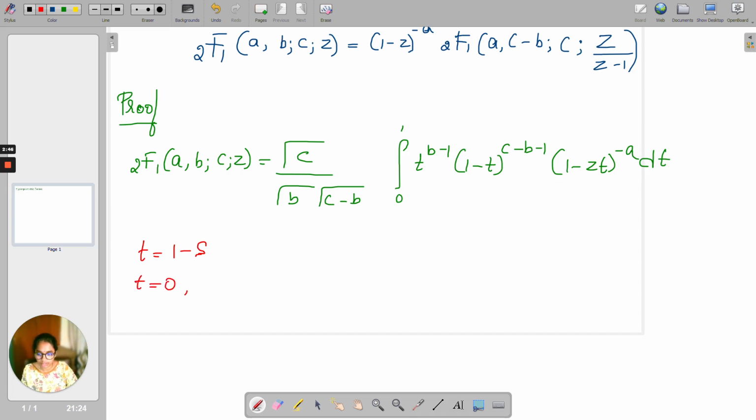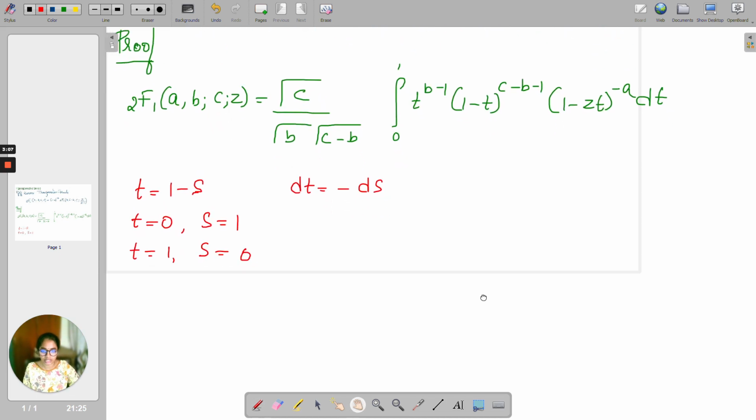What do we get for the value of s? s is 1. Agree? What happens when t is equal to 1? s is 0. Now what is dt? dt is minus ds. Let me substitute all these values in the integral.